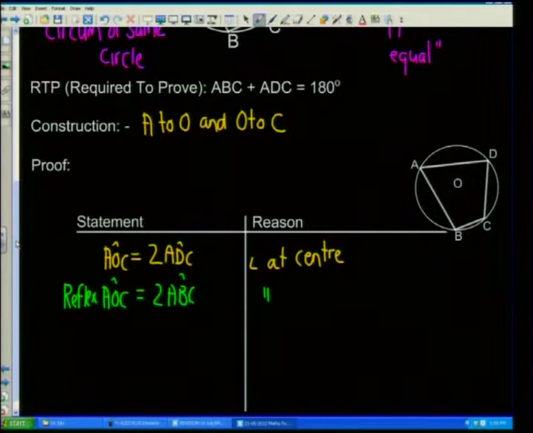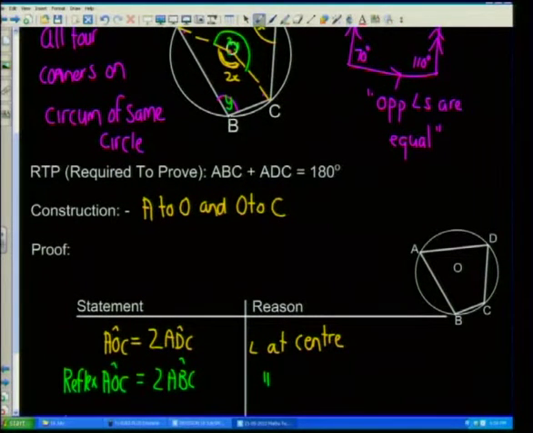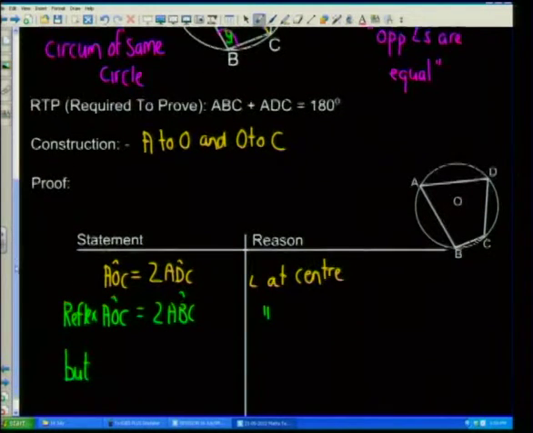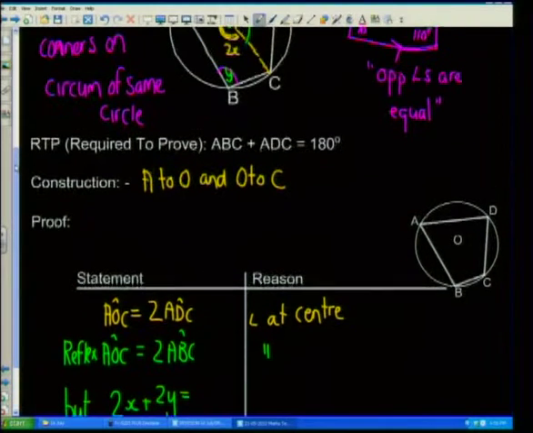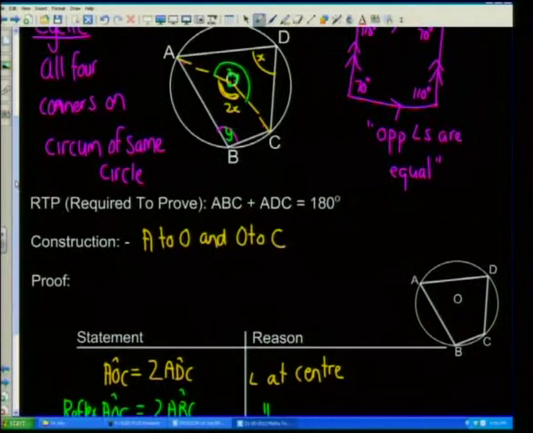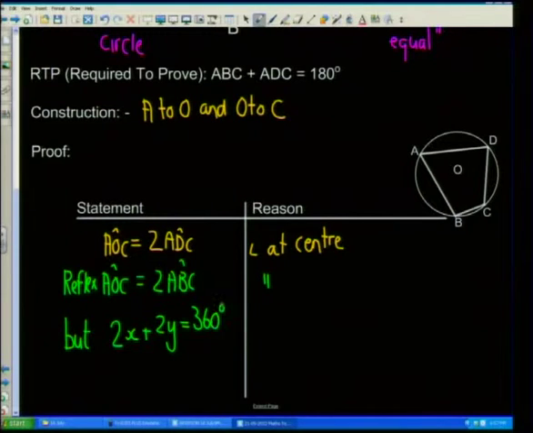Now, guys, can you see that what I've got at that central angle here, all right, is a 2x and a 2y? But what do I know about the 2x and the 2y? Can you see that that's a whole revolution? So what do we know about 2x and 2y? We definitely know that that comes to 360 because it's a revolution.